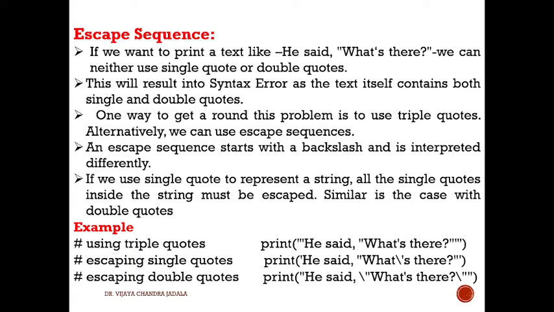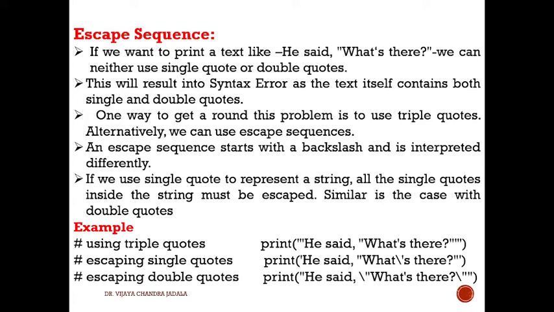One way to get around this problem is to use triple quotes. Alternatively, we can use escape sequences. So by using triple quotes or escape sequences, we can print that particular sentence. In what's there, double quotes are there as well as single quotes.